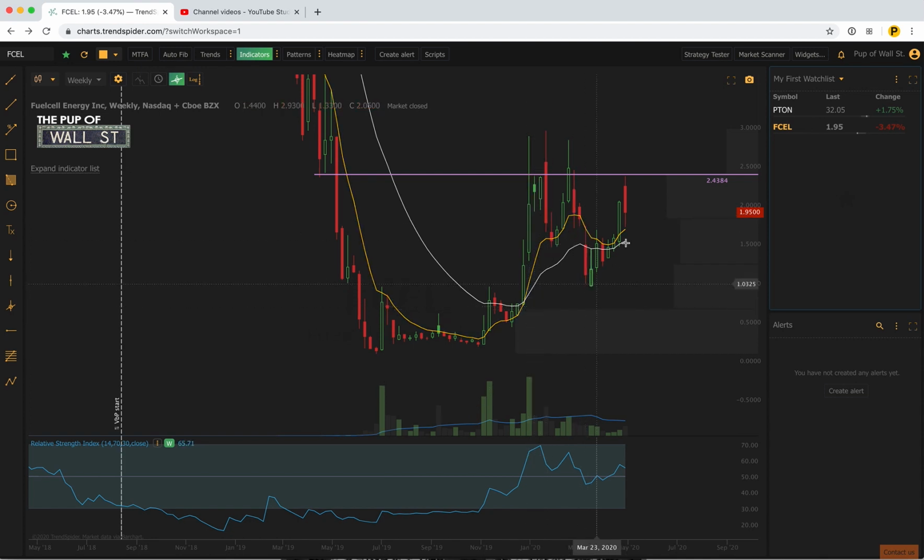All right, that's not really working the way I like it. In any event, cup, handle, handle breakout.